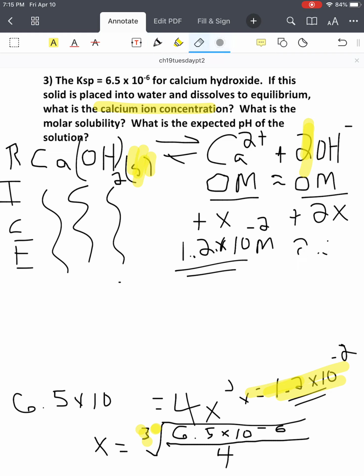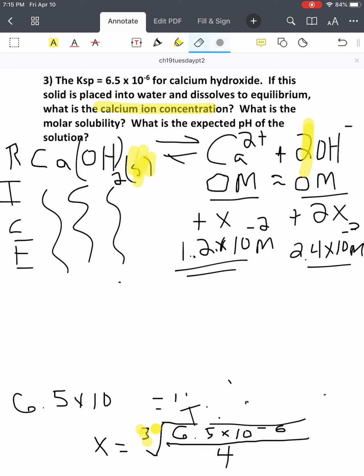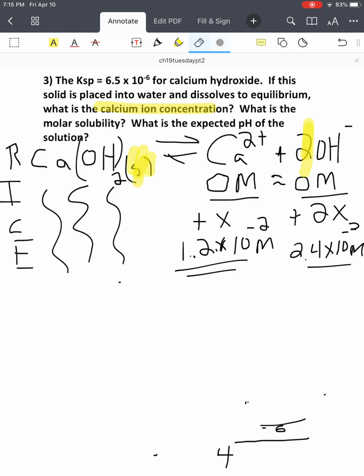I also know, since my hydroxide is twice as much, I should get 2.4 times 10 to the minus 2 molar of hydroxide ion present in my solution. Because I was able to solve for x relatively straightforwardly, I now know the concentration of my ions.